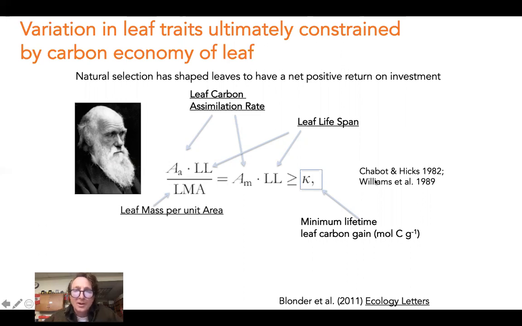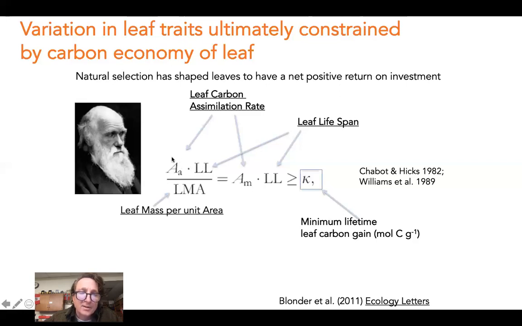Okay, we can understand leaf economics by this very simple relationship. If we think of the total amount of carbon gain of a given leaf in its lifetime, it can be approximated by this equation. It's the photosynthetic rate of the leaf times how long it lives.